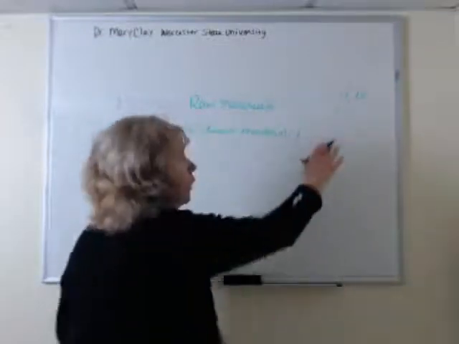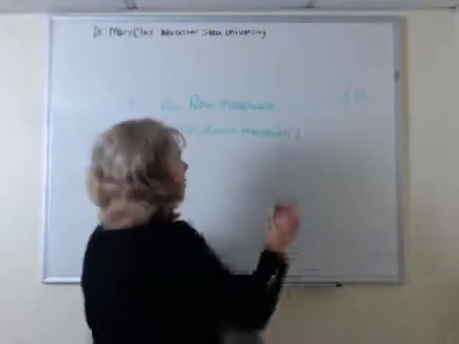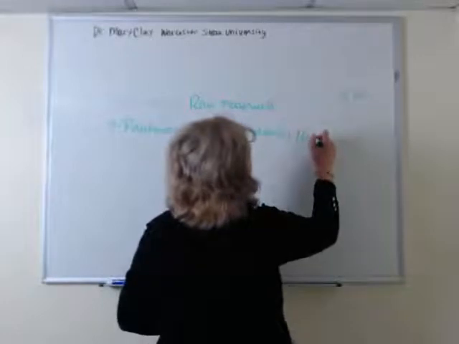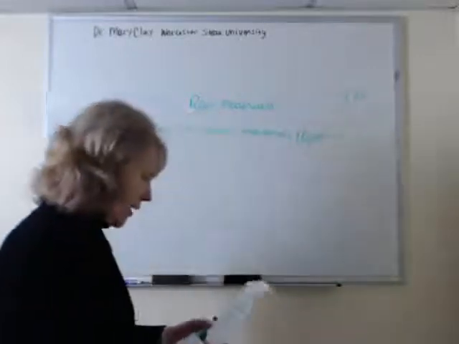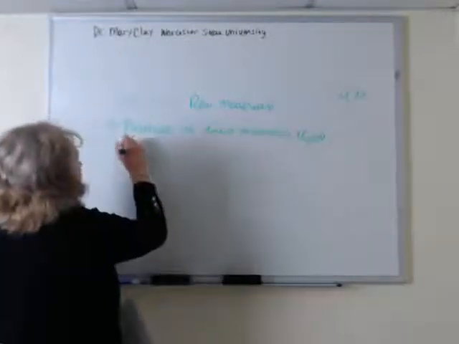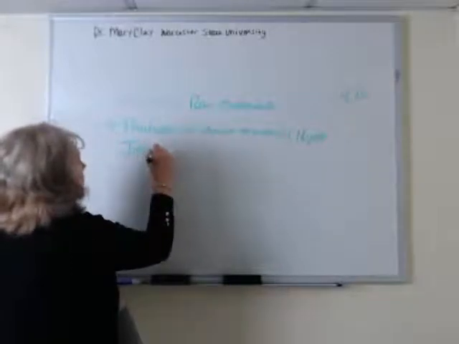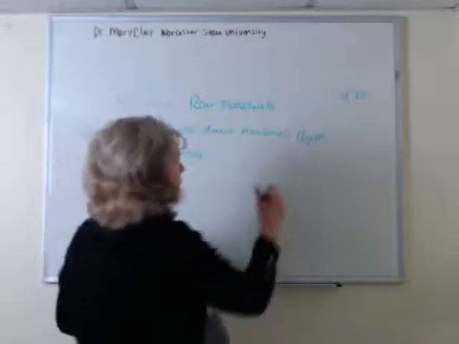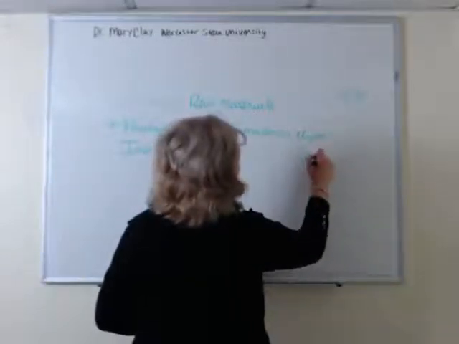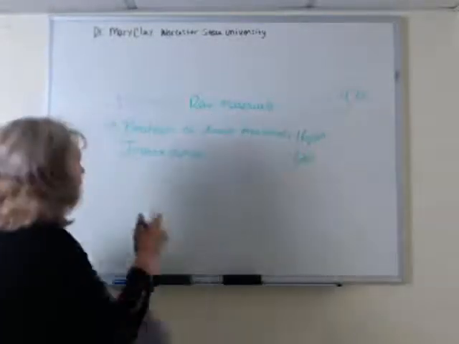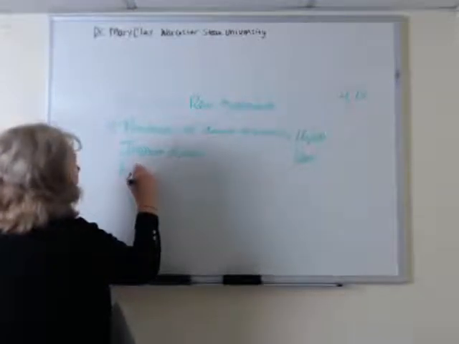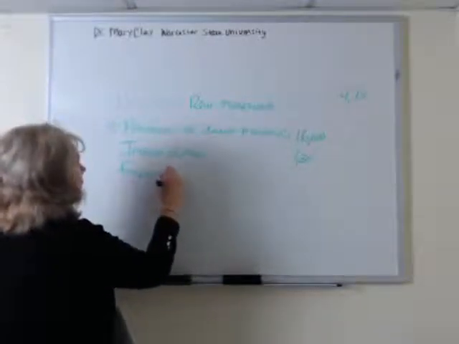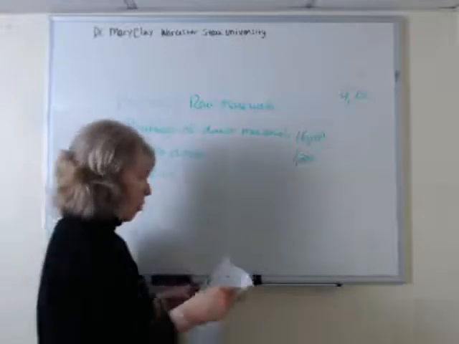Don't forget your commas. Put that comma. All right, then 16,000. Okay, next is import duties, $1,300. And then we have freight in, $400.